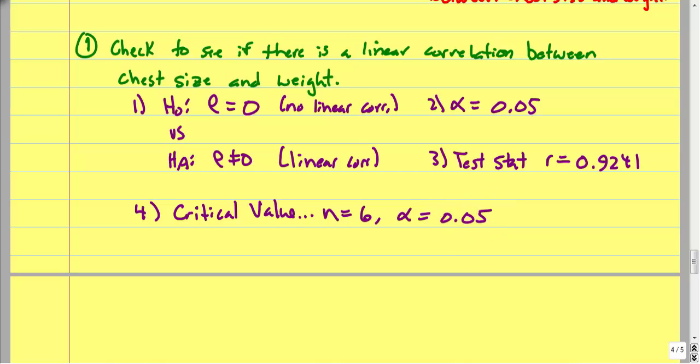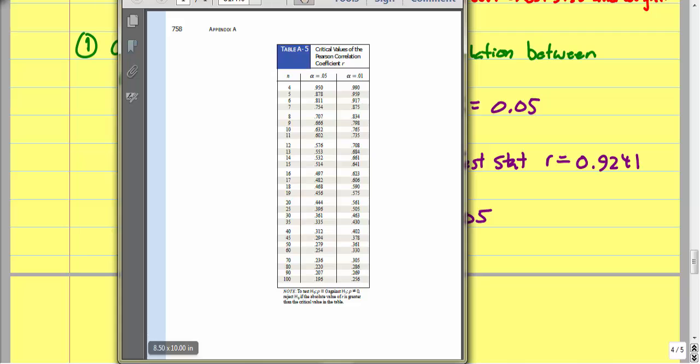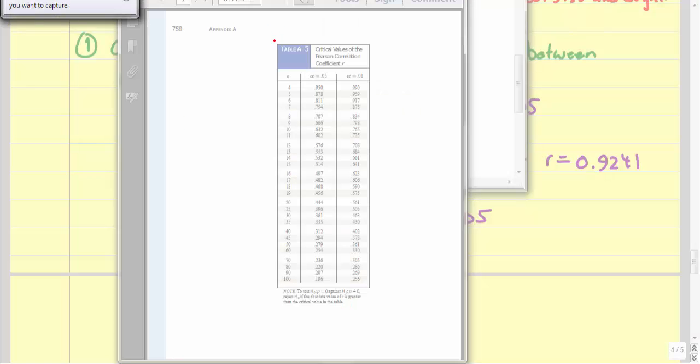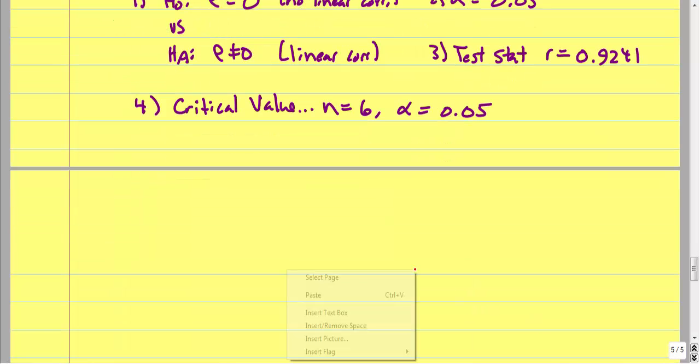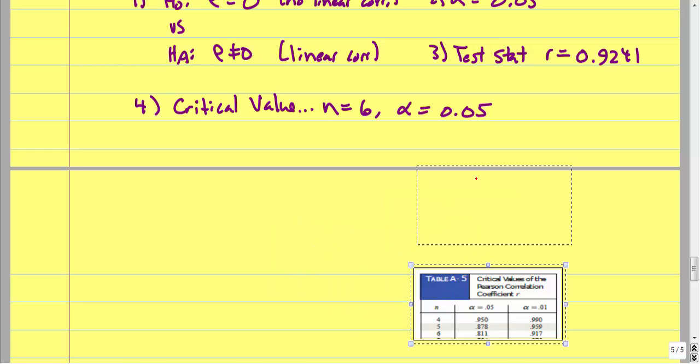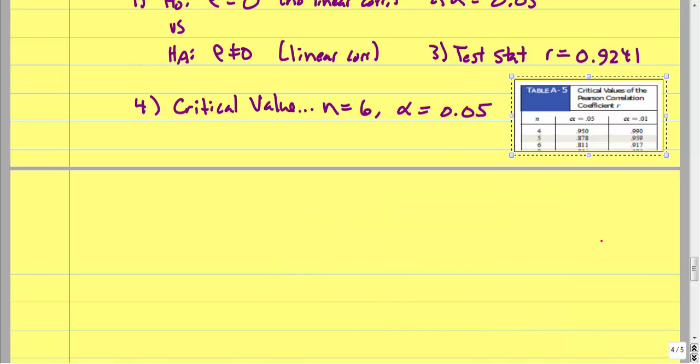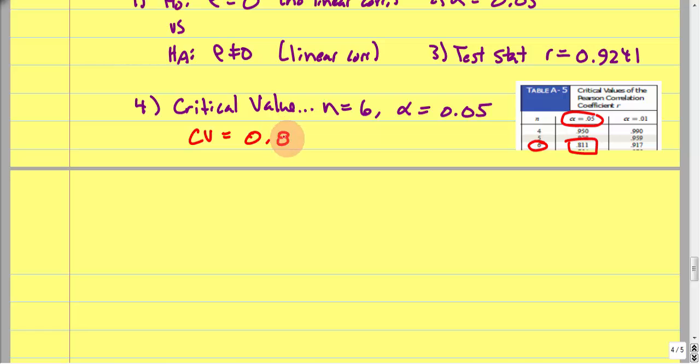So let's go ahead and look at our table. So our sample size is 6, so I don't need a very big chunk of this table. Now if I have anything more extreme than the critical value, that means I can reject H0. So I'm looking across from 6 and down from 0.05, so that's 0.811. So my critical value is equal to 0.811.